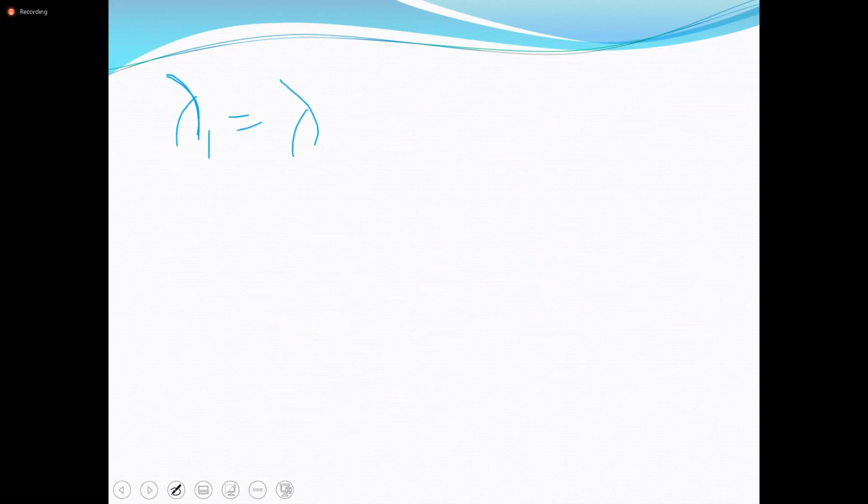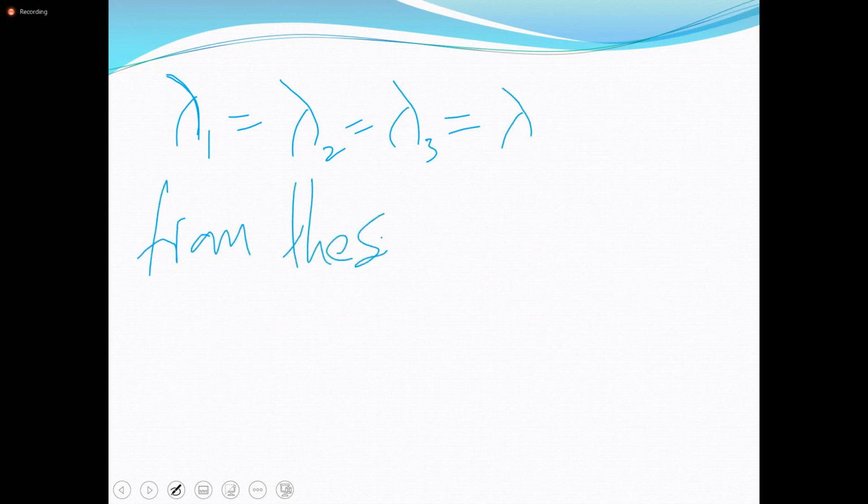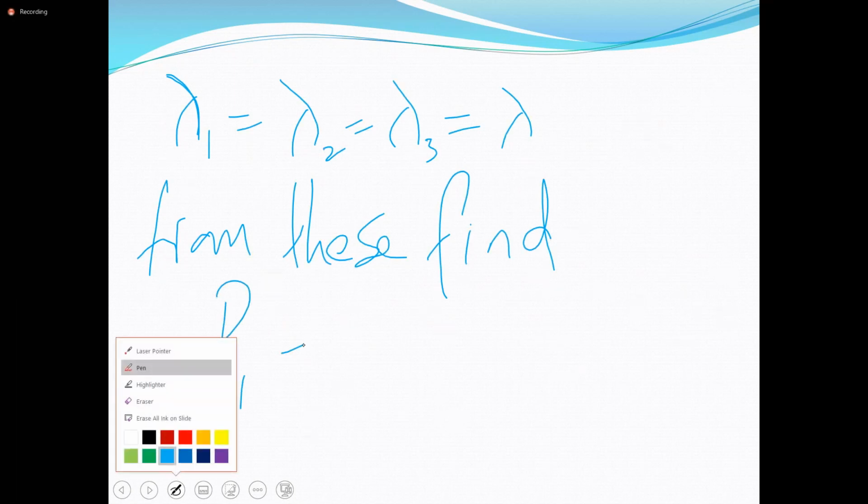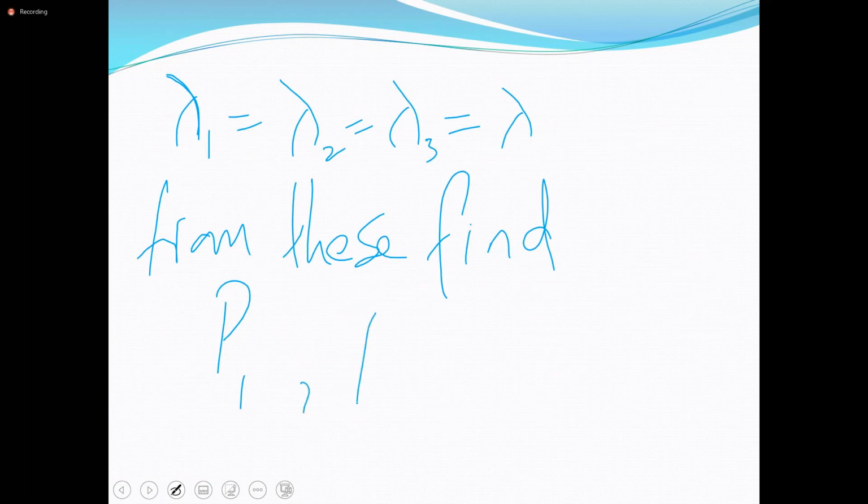Lambda 1 would be equal to lambda 2, equal to lambda 3, which would be equal to lambda. From these, we find P1, P2, and P3.